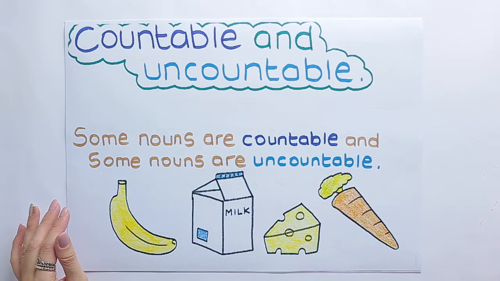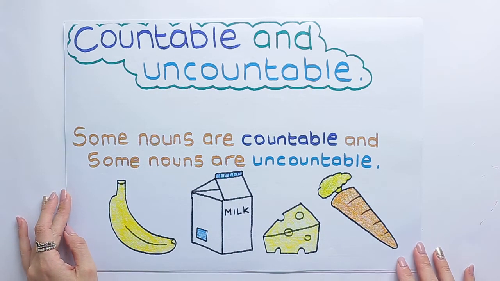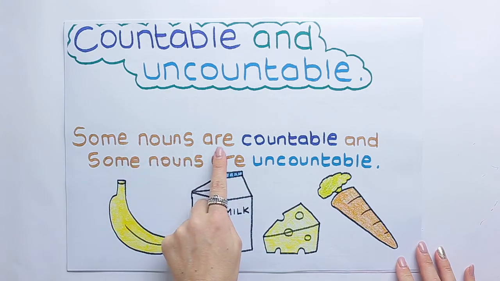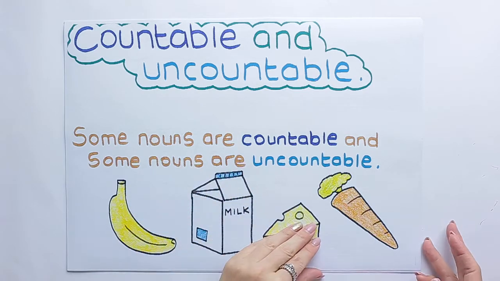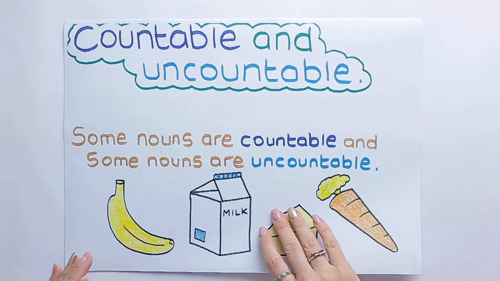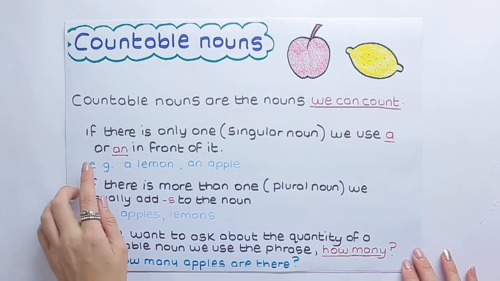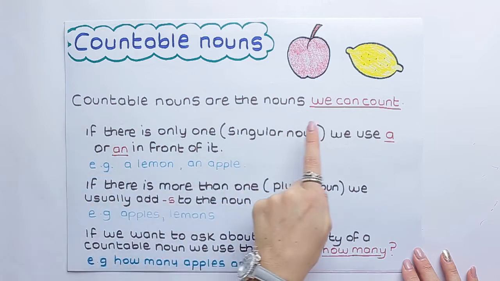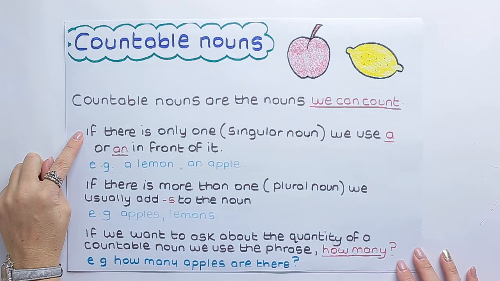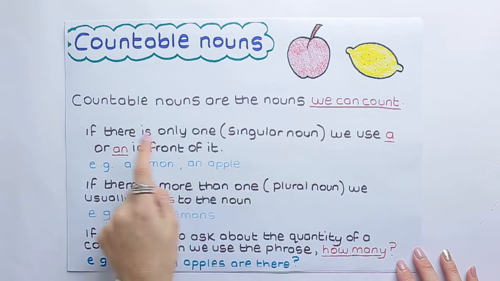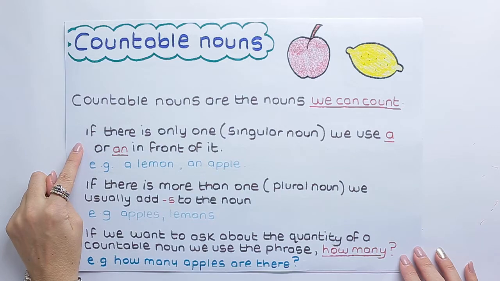When we talk about food and drink, we use countable and uncountable. Some nouns are countable and some nouns are uncountable. Let's take a closer look. Countable nouns. Countable nouns are the nouns we can count. If there is only one singular noun, we use a or an in front of it.